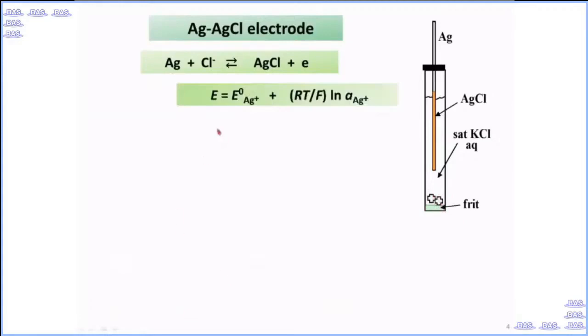The electrode potential is presented in this equation. This is the standard potential, and this is a term depending on the activity of Ag plus ion. This standard potential is presented like this.